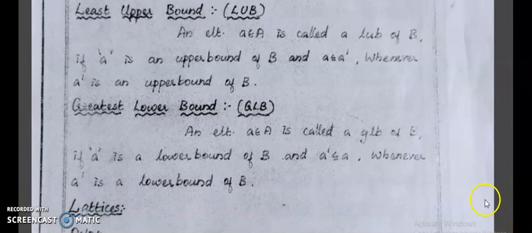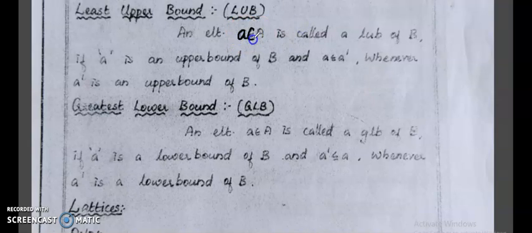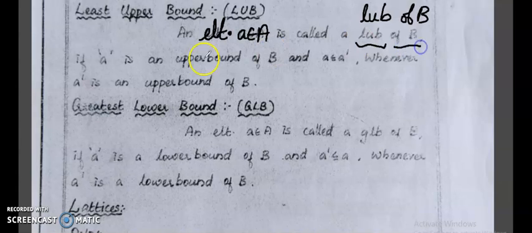An element small a, element of capital A, is called a least upper bound of B.